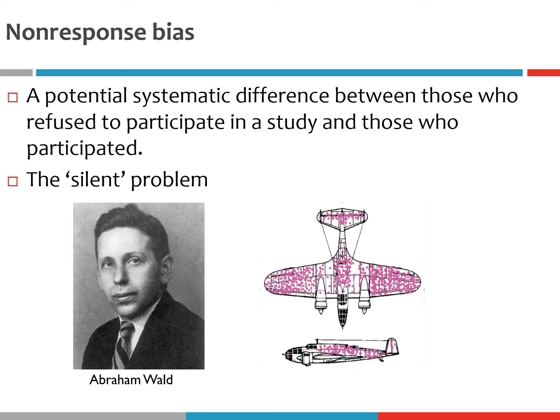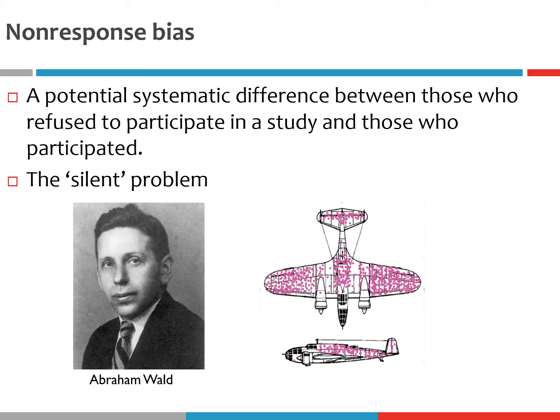In contrast, the planes that survived were hit elsewhere, right? And these areas where they were shot certainly sustained damage, but not enough damage for the plane to go down or for the plane to crash, right?